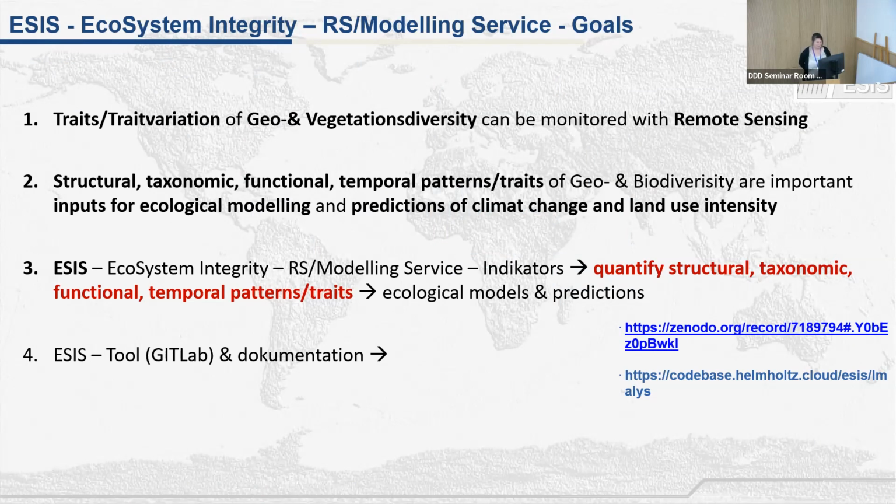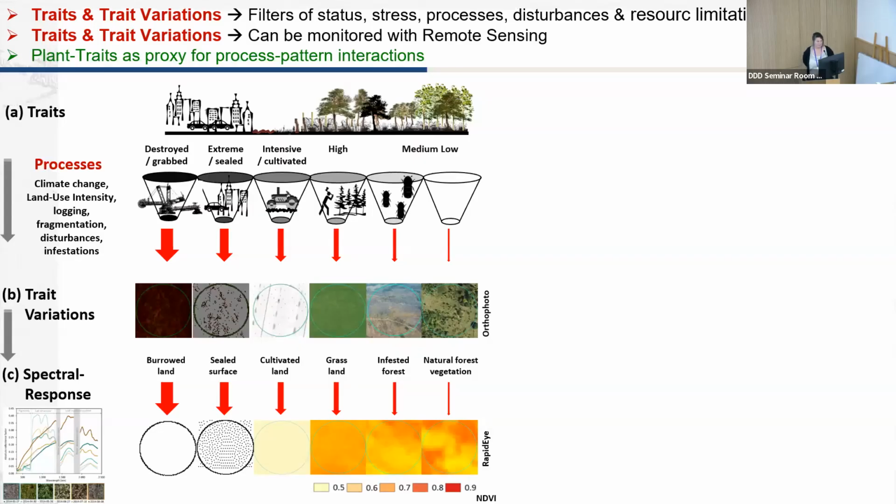That's why ASIS is a tool with which we find indicators, quantify indicators, and compare these indicators over the world or between different colleagues. I will explain a little bit what the concept of trait is.